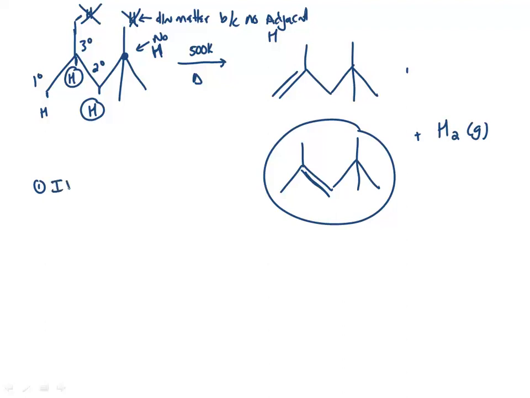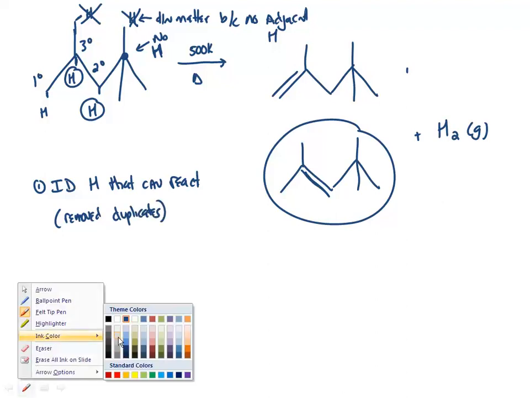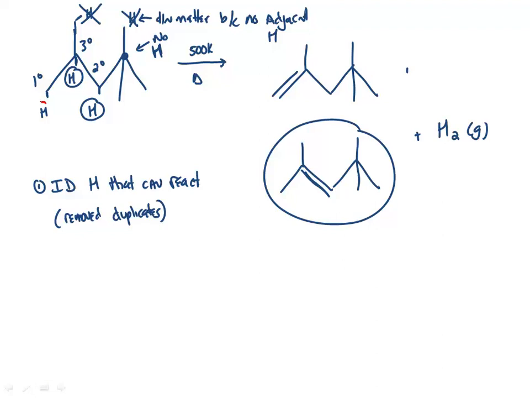So the first thing I did is I identified the hydrogens that can react, which means that I also removed duplicates. If I switch ink colors to highlight that, it means that I said this hydrogen can react, this one can react, and this one can react.